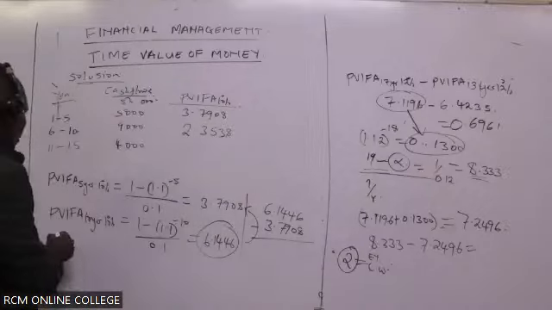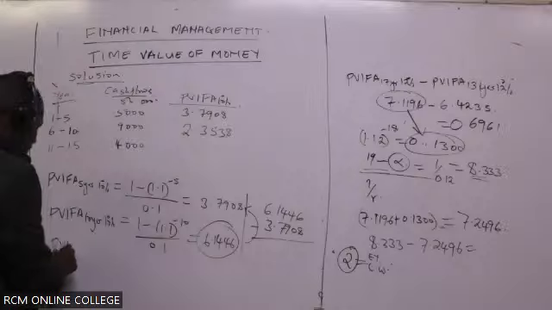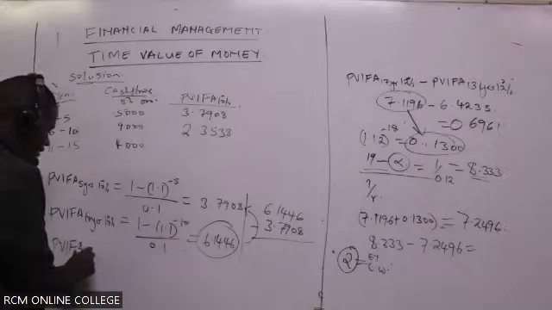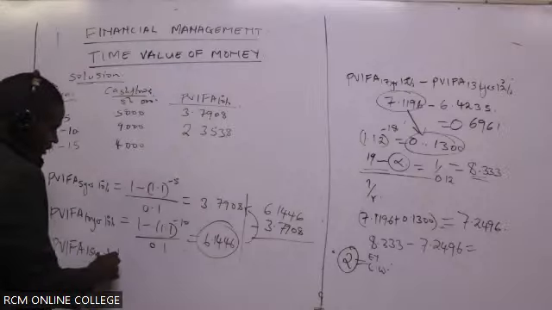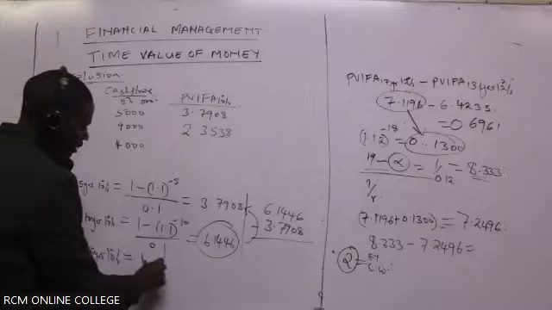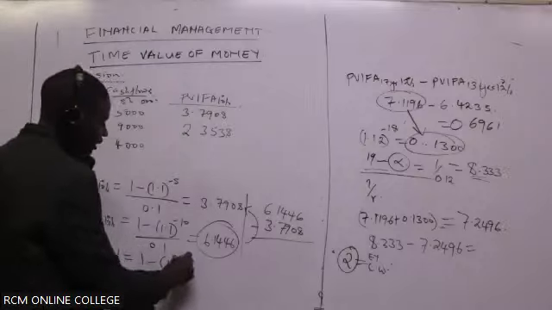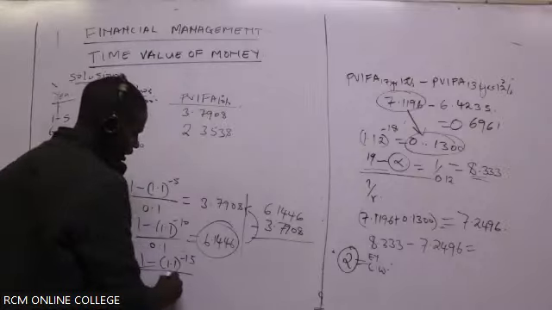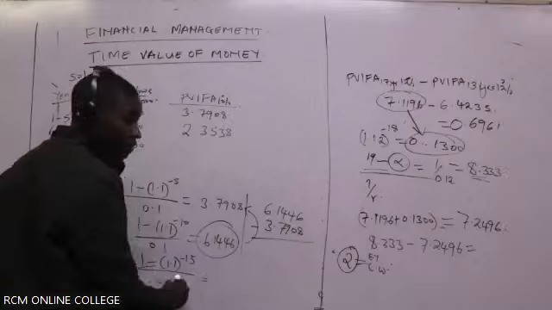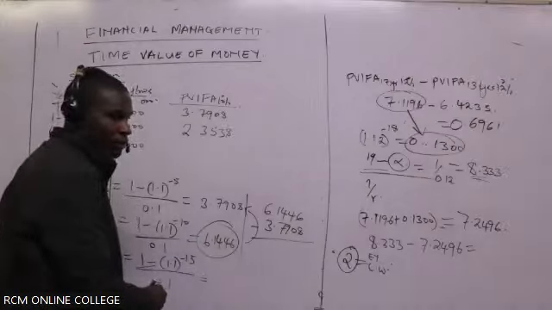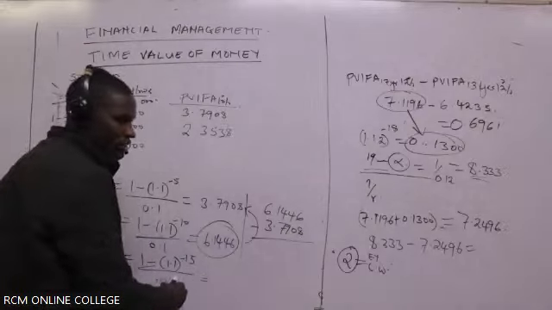And then the last one is for 15 years. PV for 15 years, 10% will be equal to 1 minus 1.1 raised to power negative 15 divided by 0.1. What do you get for 15 years? 7.6061.